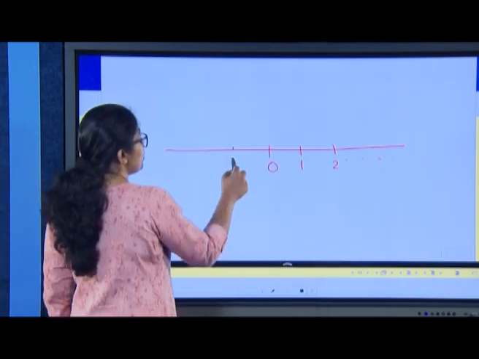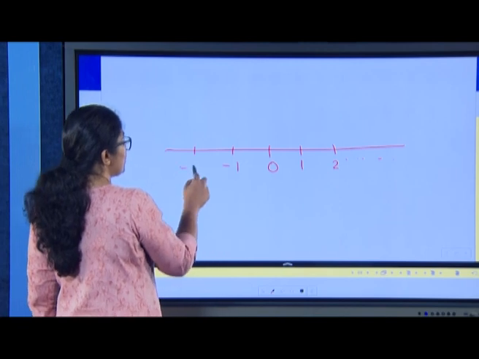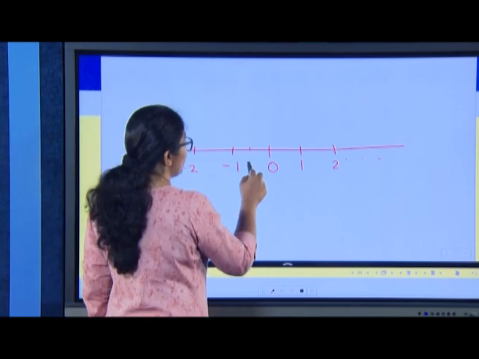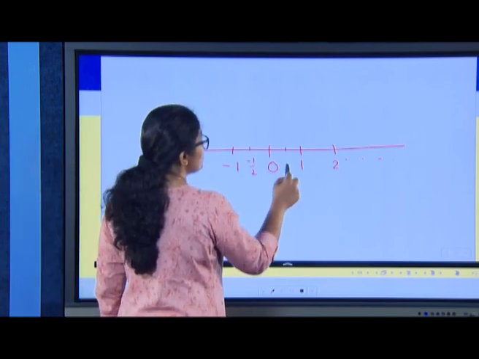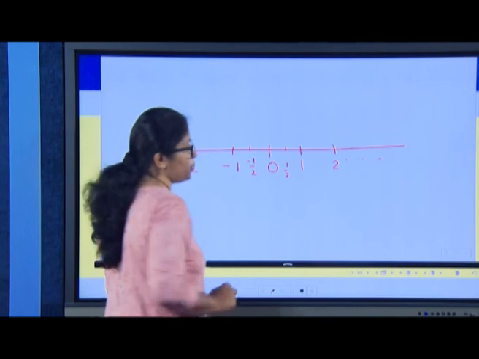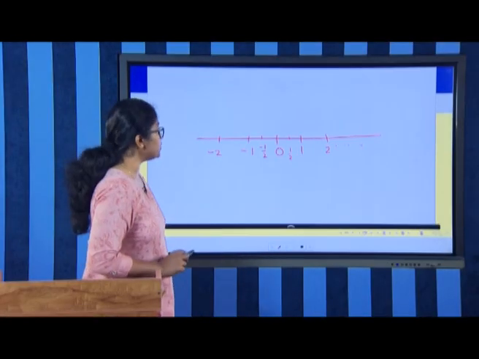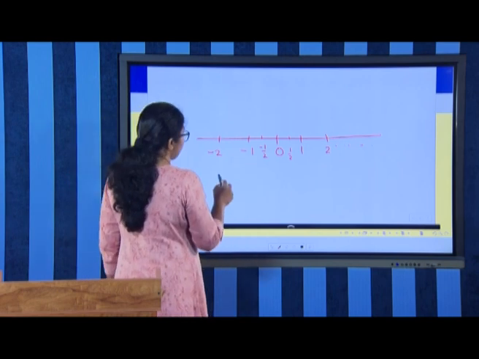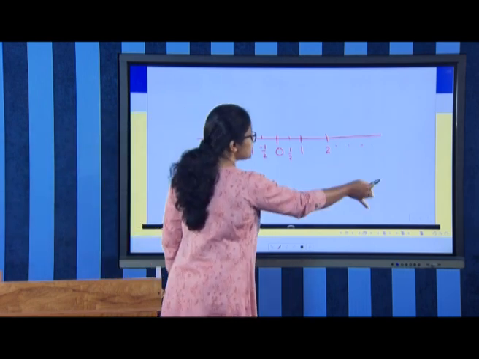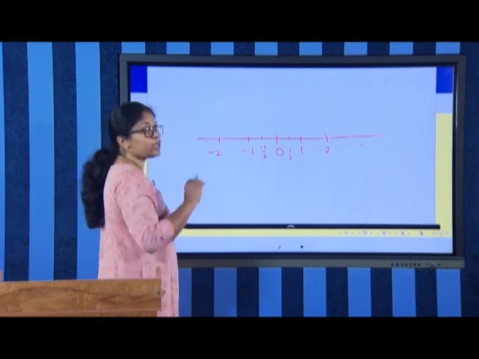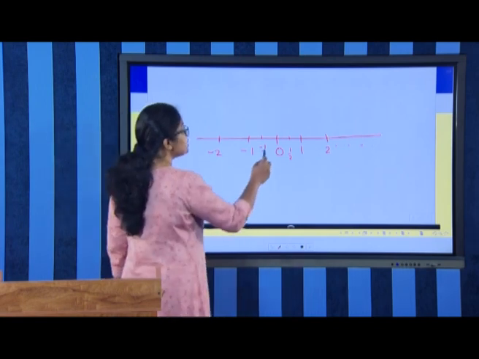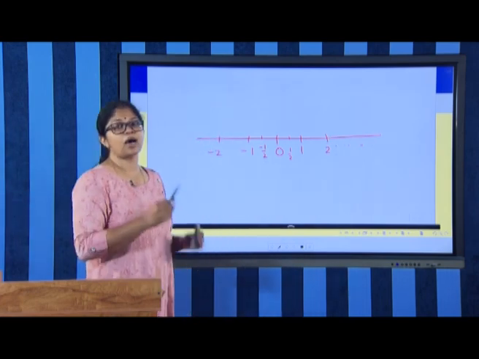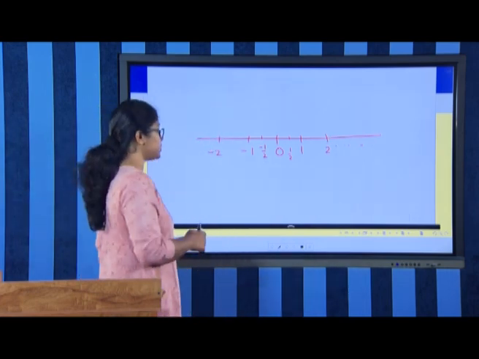And on this side you have the negative real numbers, namely negative 1, negative 2, negative half is somewhere here, you have positive half here and so on. So, this sort of arrangement is there for real numbers, and for any real number on the positive side, that is greater than 0, the distance from 0 is exactly equal to that number itself. That is how we are arranging the real numbers.